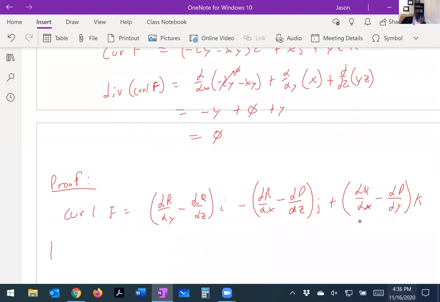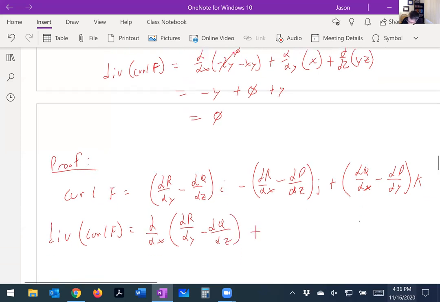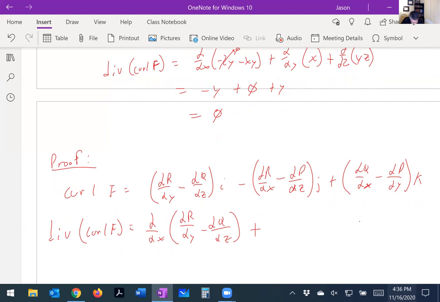Nice. So let's take the divergence of the curl and see what happens here. This is going to be the derivative with respect to x of dR/dy minus dQ/dz, plus, is it okay if I distribute the negative here to retain the positive sign? If I distribute this negative, are you guys going to be okay with that?